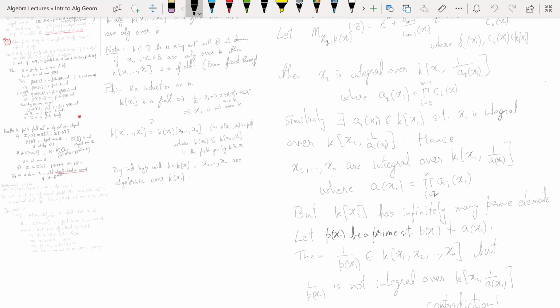First note that 1/p(x1) is in this field, because k(x1) is contained in it. So 1/p(x1) is in this, since it is a field.